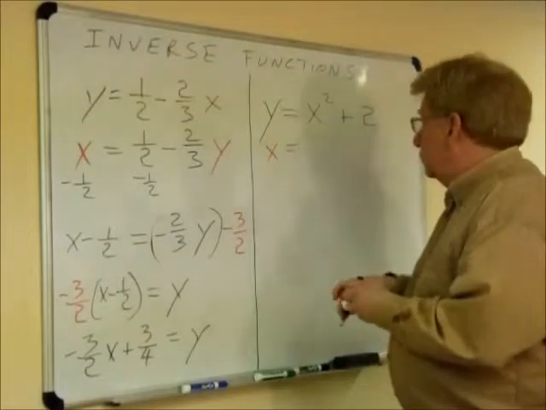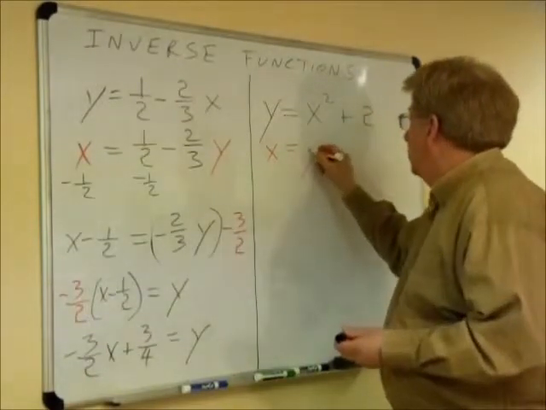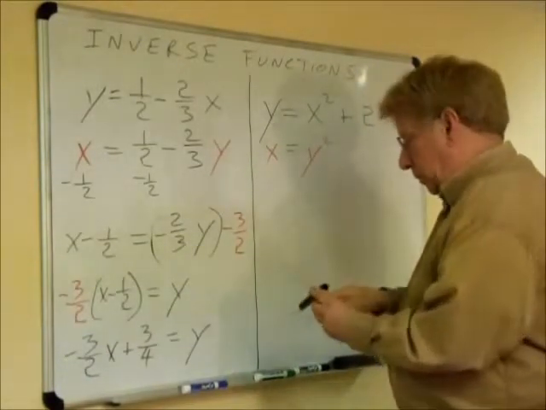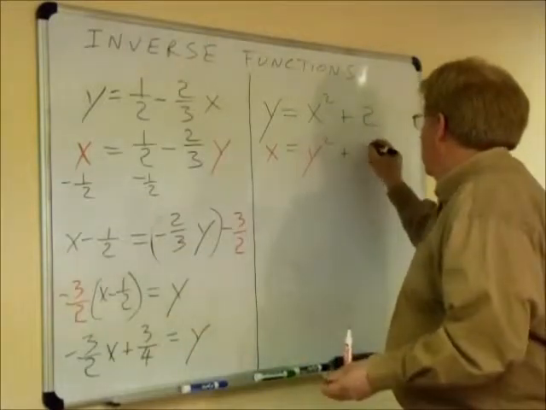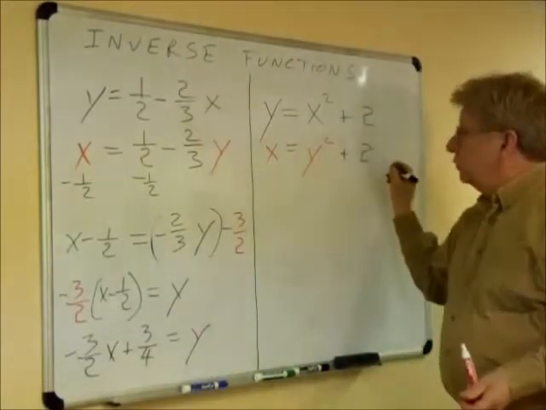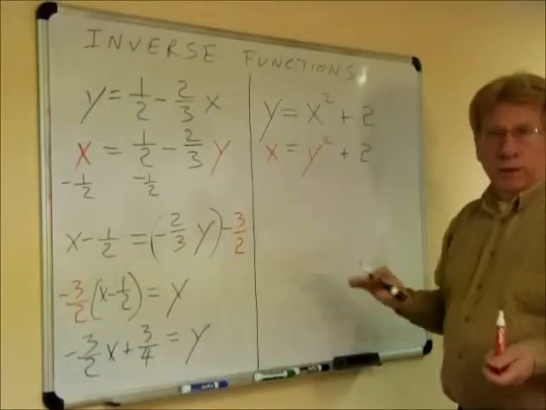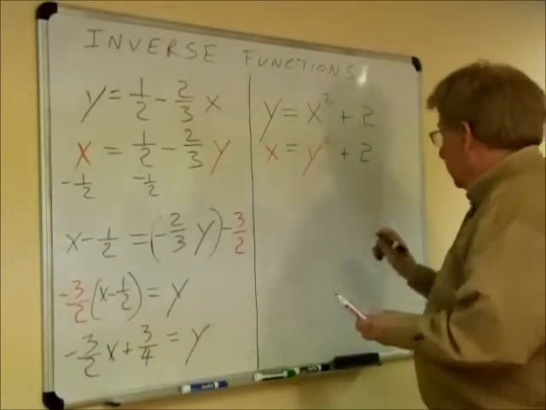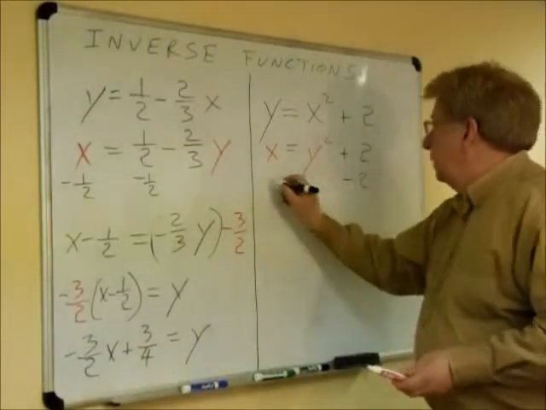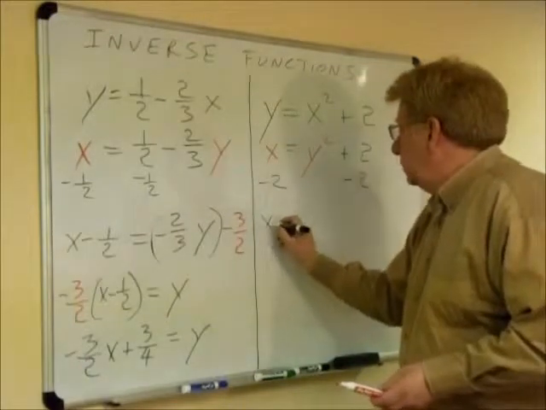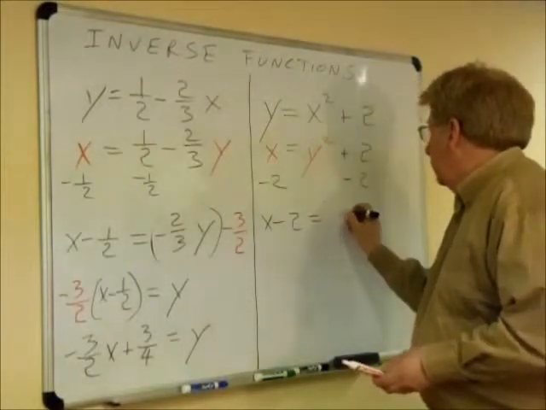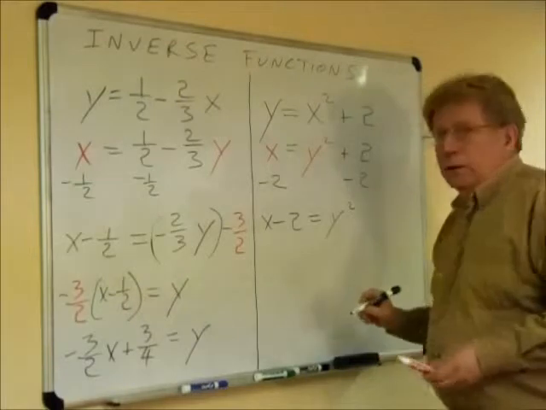And in place of the x squared, we put a y squared. So this is what we have. Now we want to get y by itself. So I'm going to subtract 2 from each side. And I have x minus 2 equals y squared.